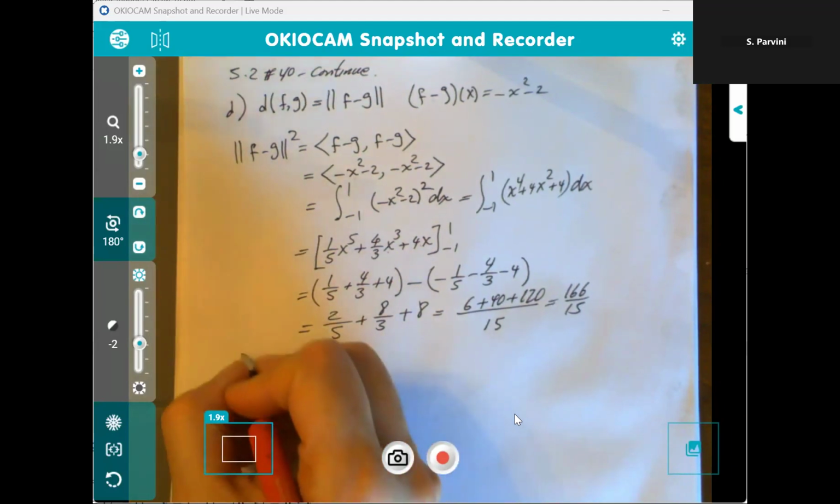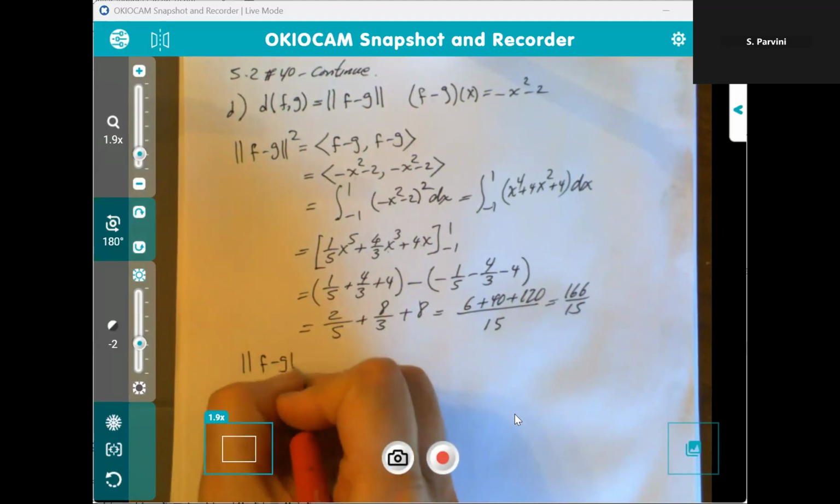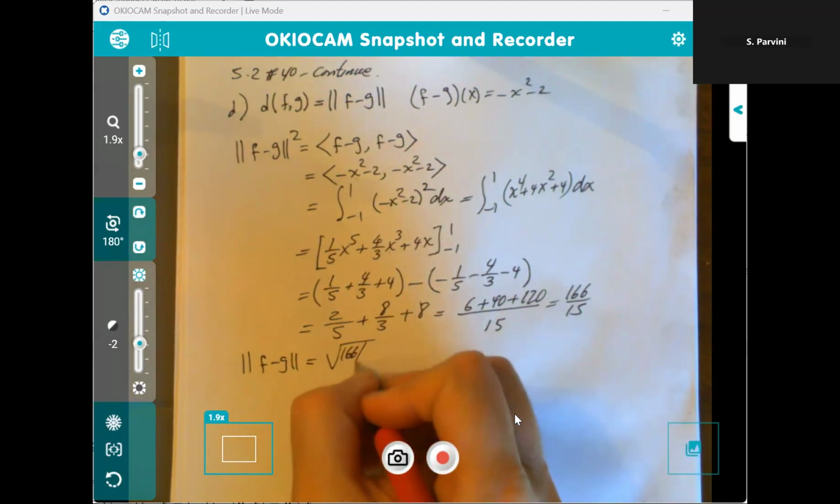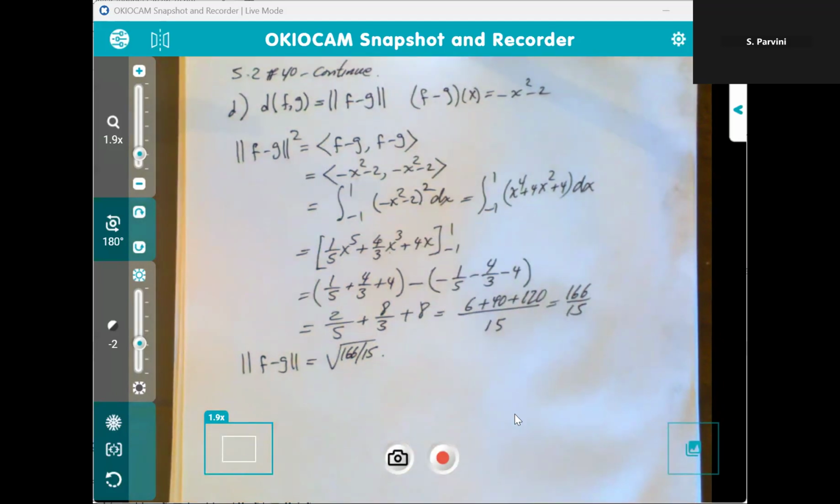So the magnitude of f minus g is the square root of 166 over 15. And there you have that one. So it's just an exercise in this section. Hopefully everybody's okay on this one.